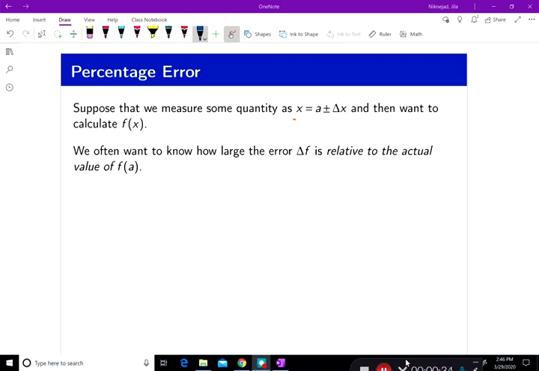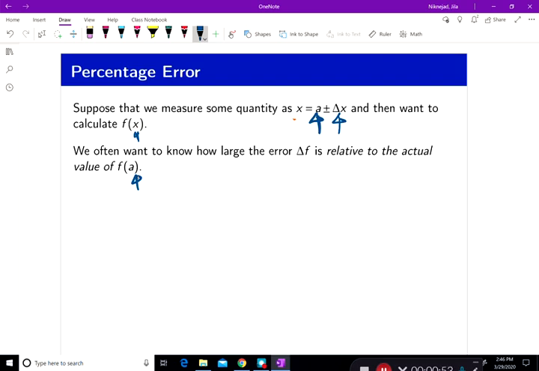This is the measurement that may have error of delta x. The error would be the difference between these two, and we approximate that with dy.